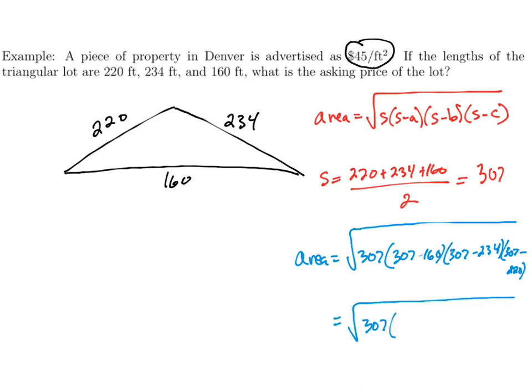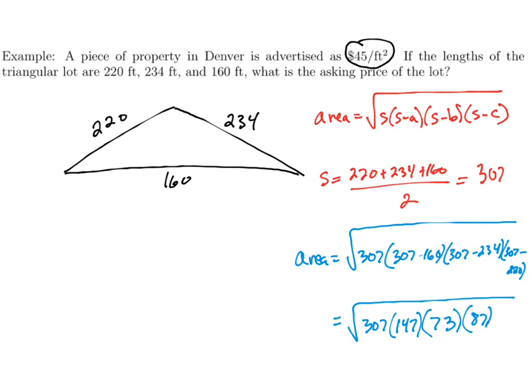So 307 minus 160, that's 147. 307 minus 234, what is that? 73. And then 307 minus 220, that's 87. Let me double check that. All right, everything looks good.